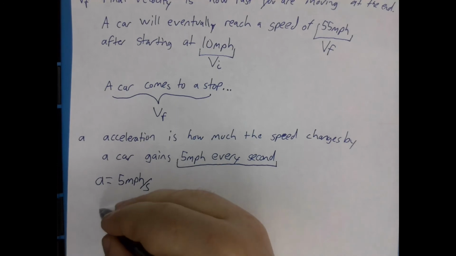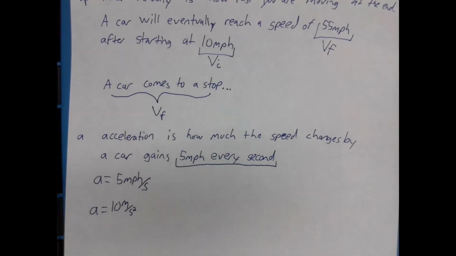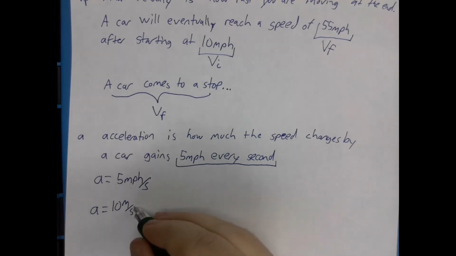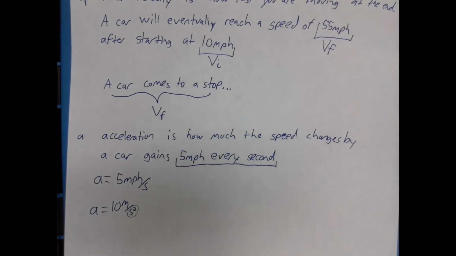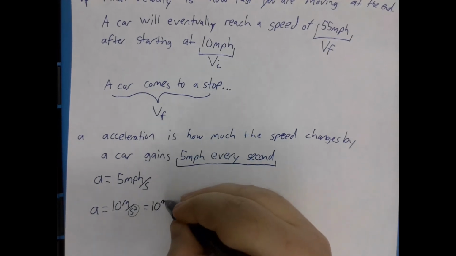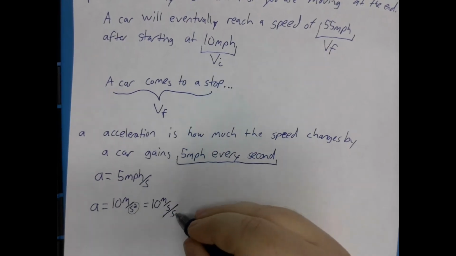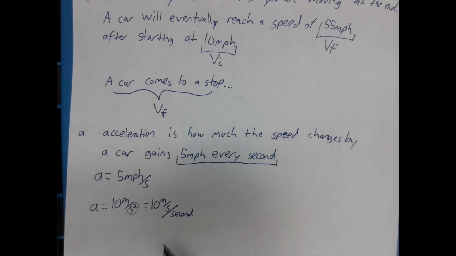Another example is suppose I said A equals 10 meters per second squared. This second squared can be broken out like this: 10 meters per second every second. I can expand one of these seconds out.